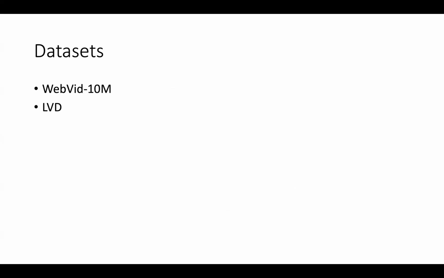Are these datasets available for free? WebVid-10M I think is openly available. LVD I'm not sure, I have to check. But this can be curated. There is one paper called Stable Video Diffusion where they have explained exactly how to curate your own dataset for these video tasks.